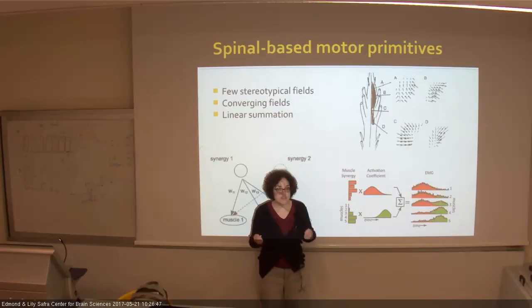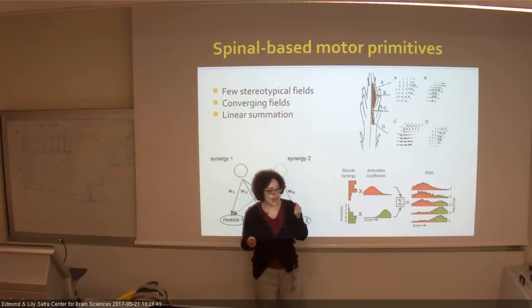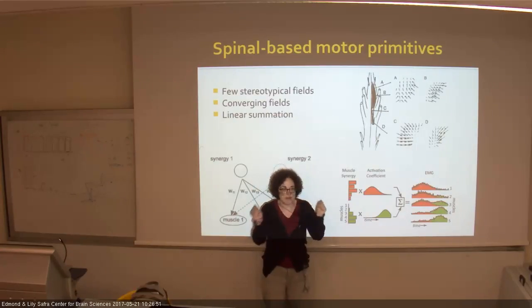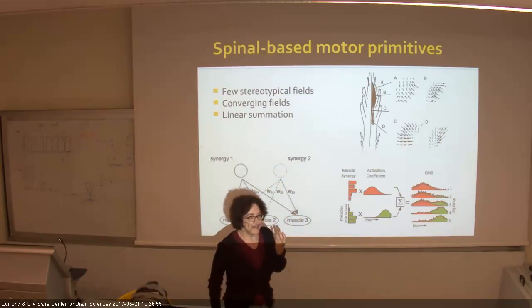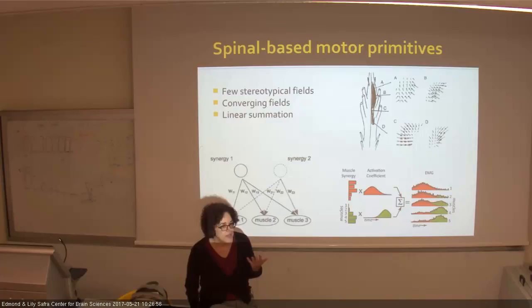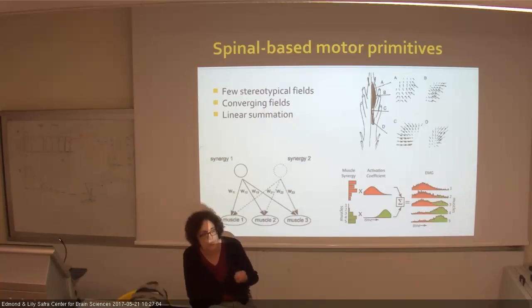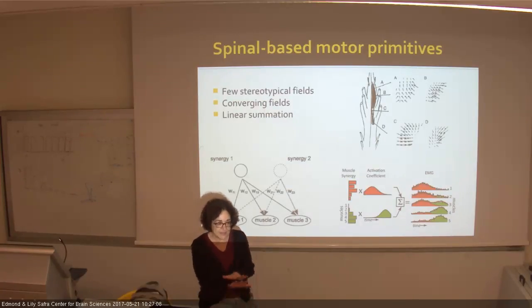So the question is whether motor cortical commands specify each single muscle activation, and we think this is not reasonable because there are just too many muscles, and we see that the organization, the map of the motor cortex, is not at a single muscle level. So there is some sort of a layer between motor cortex and single muscle.